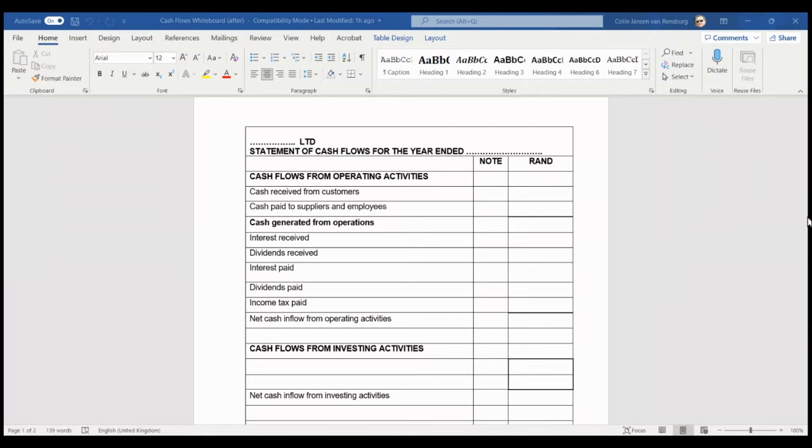Exactly. Thank you, Vimbanashe. In other words, when your customers pay you, where do you record it? Which account do you debit when you receive money from your customers? Bank, as Vimbanashe said there. So you're going to debit bank. Which account are you going to credit? Your debtors account. Thank you, Lisa. Exactly.